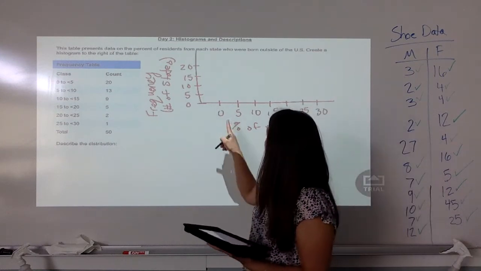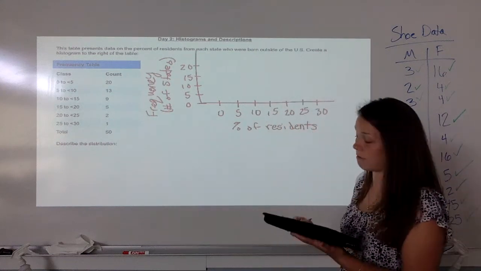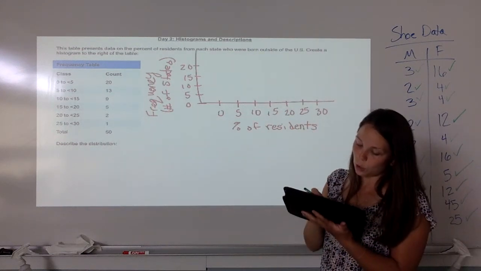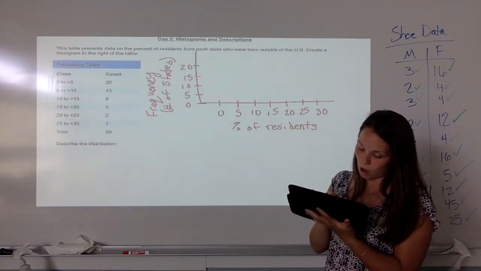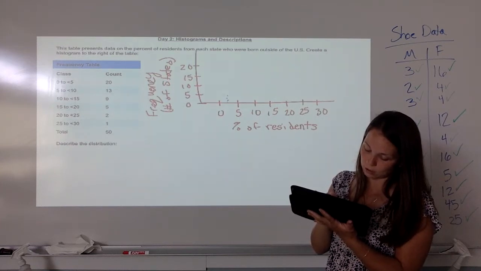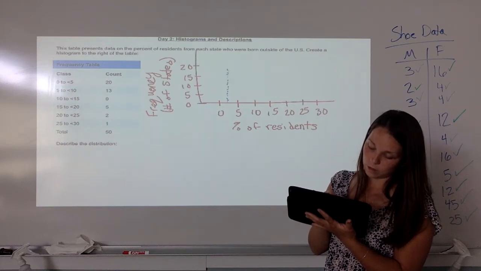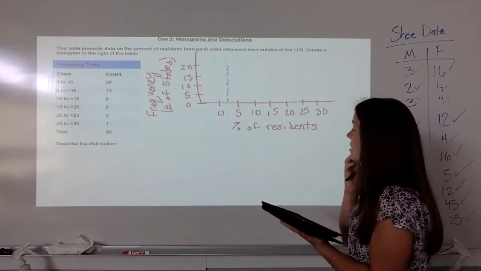So from 0 up until 5%, there's 20 states that fall within that category. So it's kind of like, in a way, we are drawing in 20 dots here. So for some of you, this might be a nice visual.